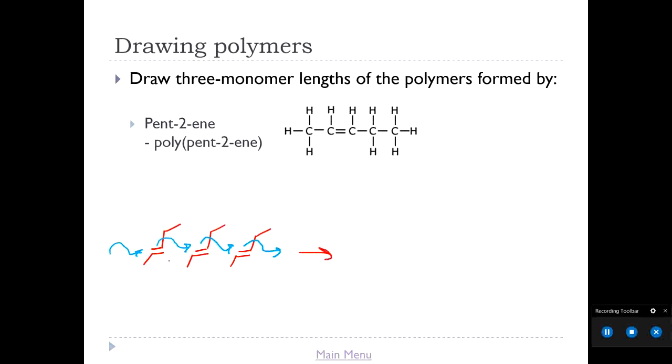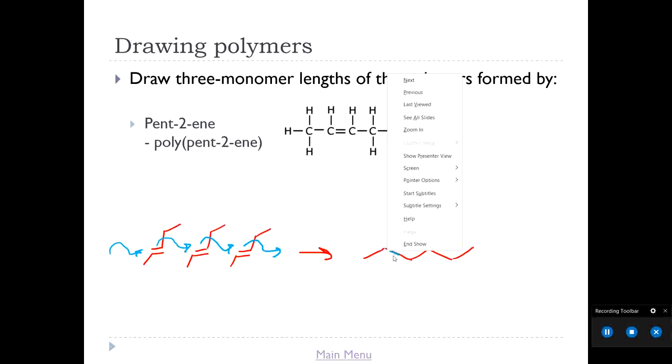Okay, so in our chain here, our 3 repeating units, we're going to have 6 carbons. Sorry, I'll draw the bonds to each other carbon. So 1, 2, this would be the new bond that's created. This would be the new bond.